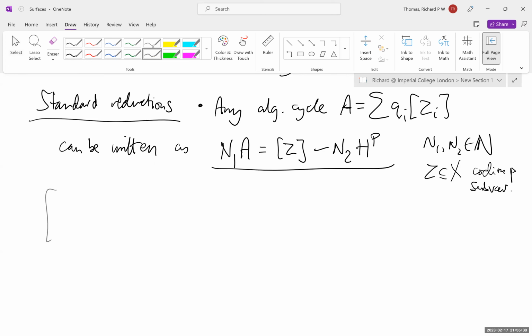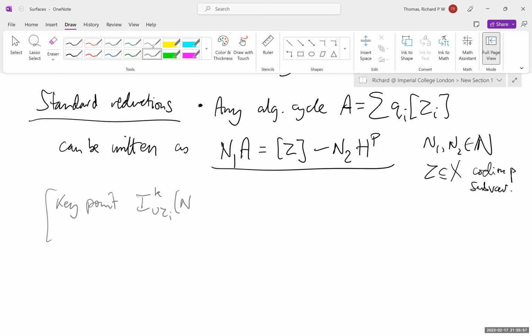Okay, and then maybe I'll just say something about this. The key point to prove this is that the ideal sheaf of the union of all these Zi's, let's take some high power of it, so I can get in all these multiples of the Zi's.